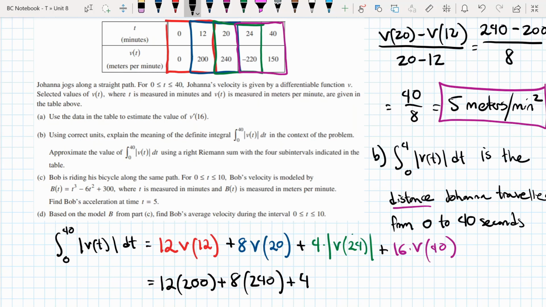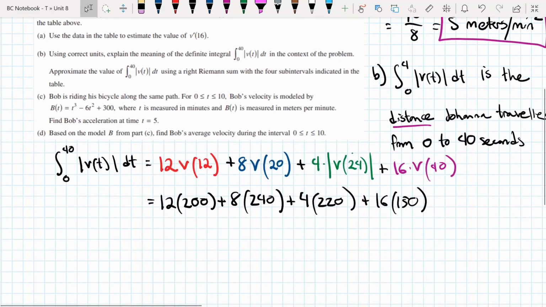If this is asking for displacement, we would treat this as a negative number, but because it's asking for distance, we're going to treat all the y values as positive. So we're actually going to take the absolute value of 220 here. So 4 times 220 plus 16 times 150.